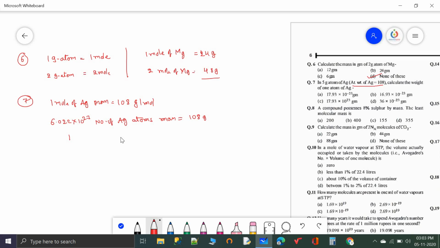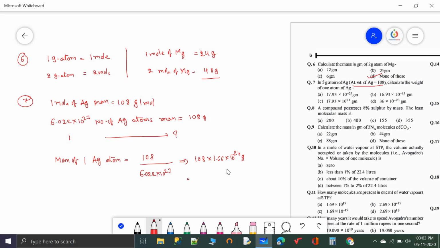Then 1 silver atom mass must be equal to how much? So we can write mass of 1 Ag atom is equal to, just do the cross multiplication, 108 divided by 6.022 into 10 power 23. So this is equal to 108 into 1.66 into 10 power minus 24.